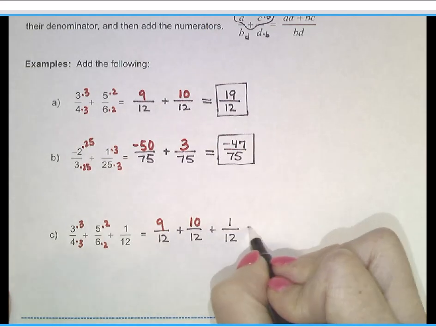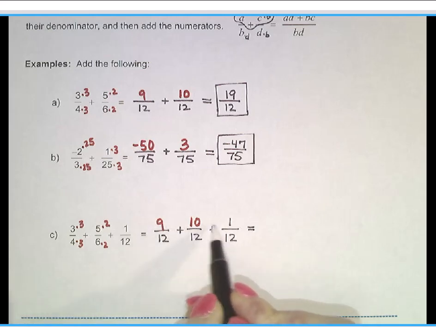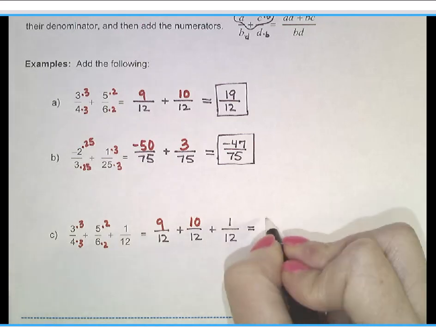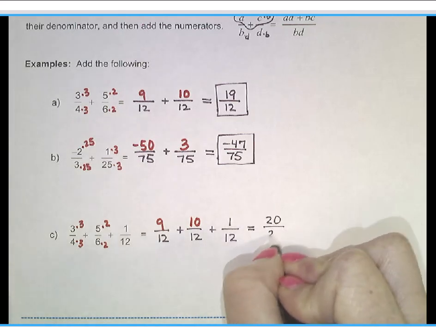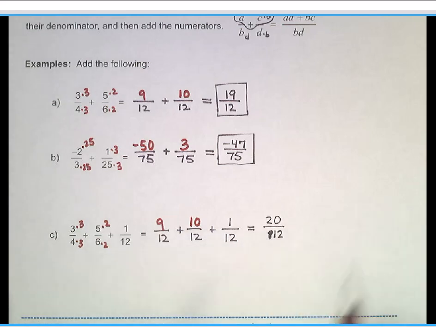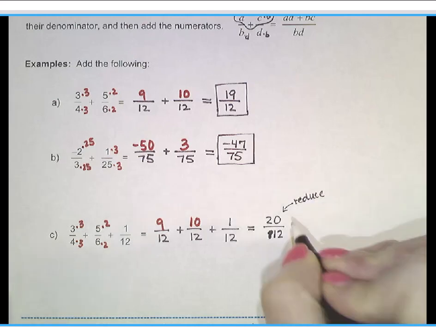You see, the math isn't terribly difficult because the numbers are pretty small, and then you just have to add up your numerators. So 9 plus 10 plus 1 is 20. So we actually get 20 over 12. But we need to reduce this if it's possible.